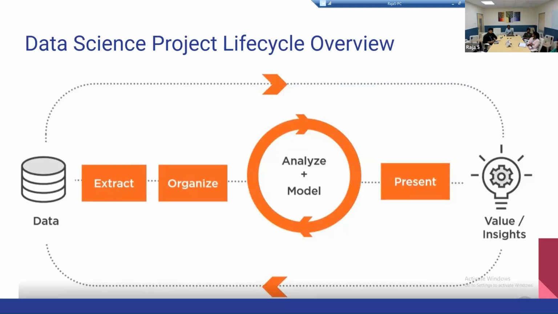So for that we need data. Each time we have to extract the data, organize the data, create the model, then improve the model, and again present it. Then again we will get new data, and it is going to be a loop. So this is the data science project life cycle.